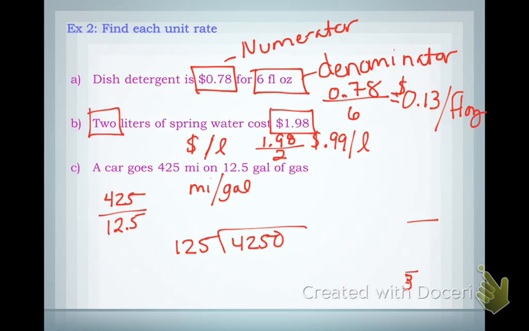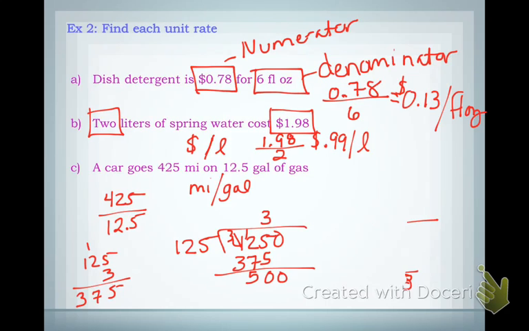Okay, so I rewrote it again. And I need to find out what 125 goes into 425. Well, I could do the math. I'm going to try 3. So 125 times 3 is 375. Then subtracting leaves 50, and bringing down the zero gives 500.